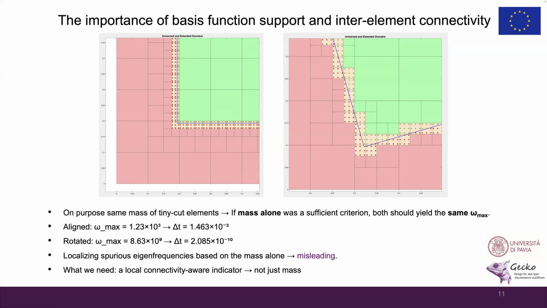This demonstrates clearly that using mass alone as a local indicator to identify problematic areas is misleading. What we need is an indicator that also accounts for the local environment of each element, basically how it connects to its physical and fictitious neighboring elements.